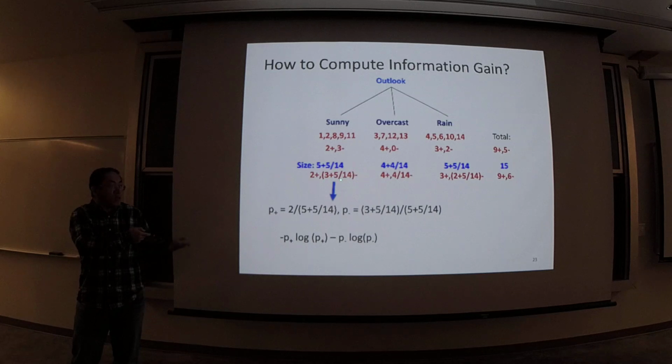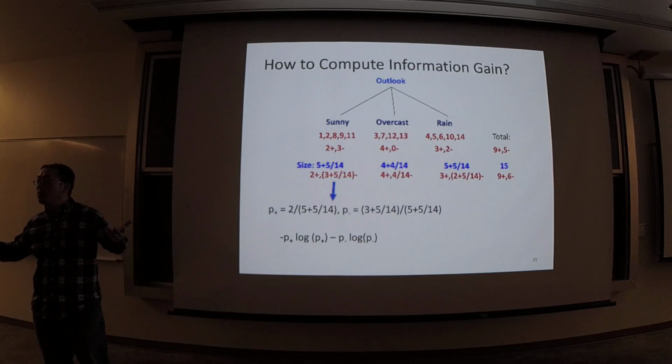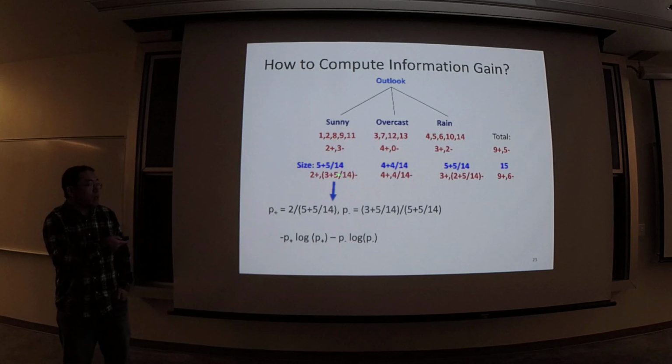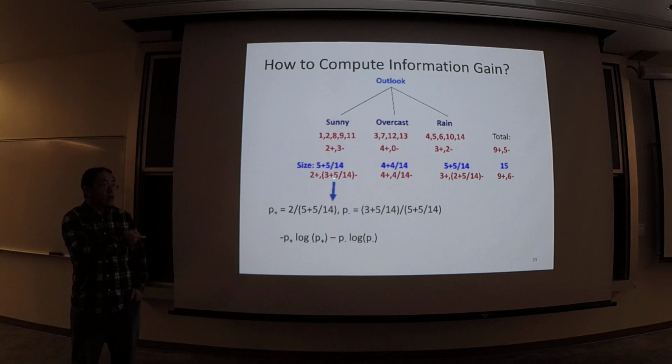Although the negative number is kind of continuous, it's still bigger than the positive number. So if I use the negative example to predict all the examples, including this fractional one, these 2 positive examples are misclassified. So the majority error is just 2 over the total size, which is P plus.